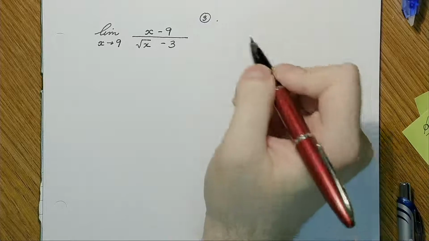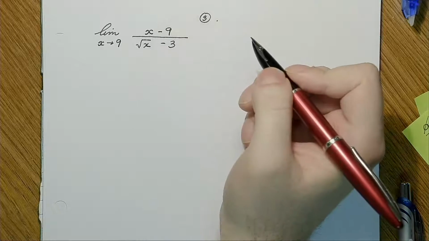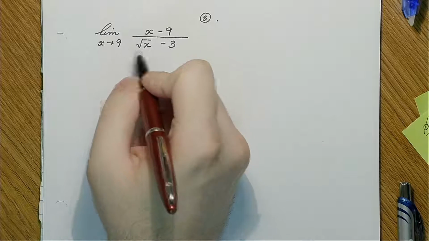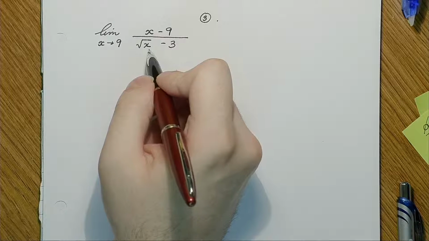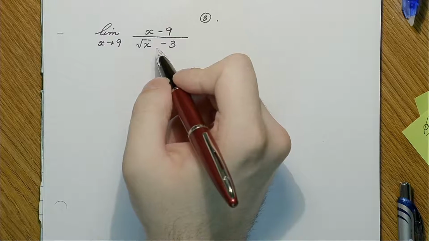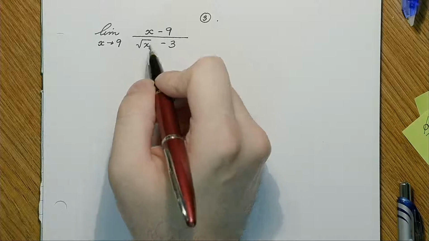Okay, so I have x minus 9 over the square root of x minus 3. And okay, everyone will start panicking. They'll go, oh no, there's 9. I can't substitute in this 9 yet, right?